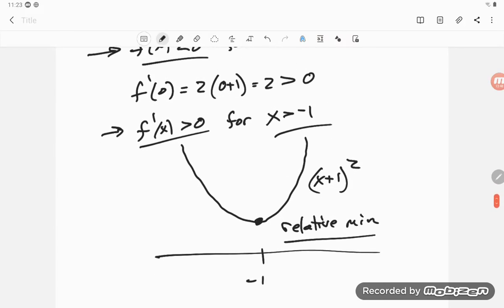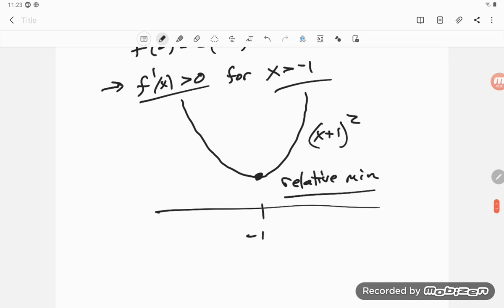Okay, and so this is the idea of increasing and decreasing and using our critical numbers.